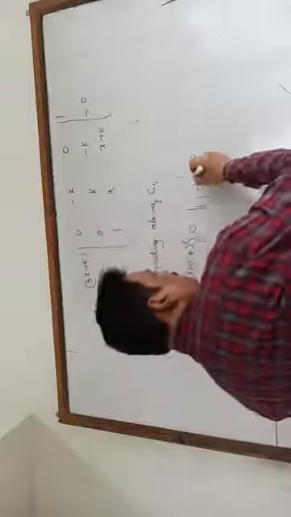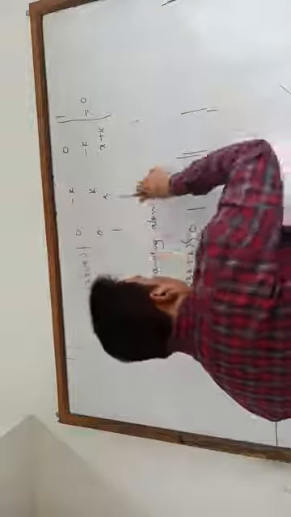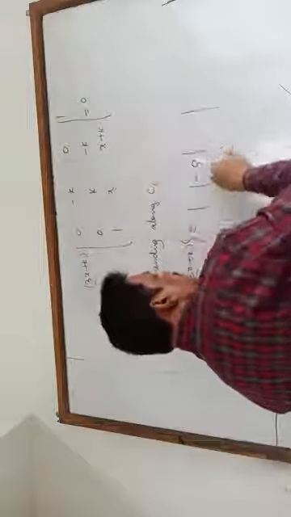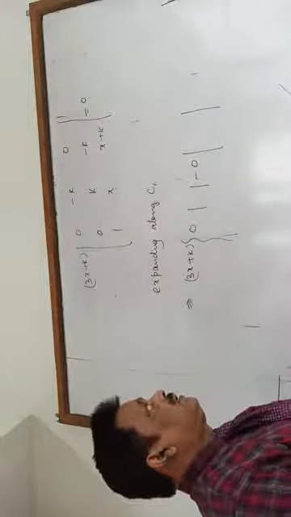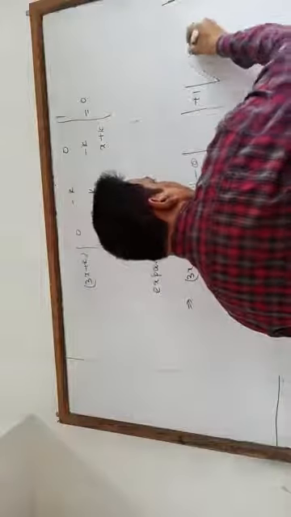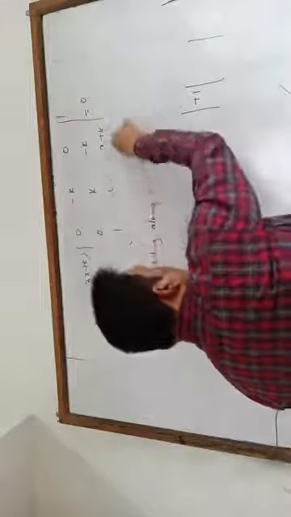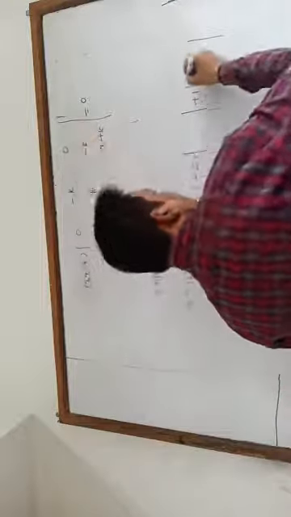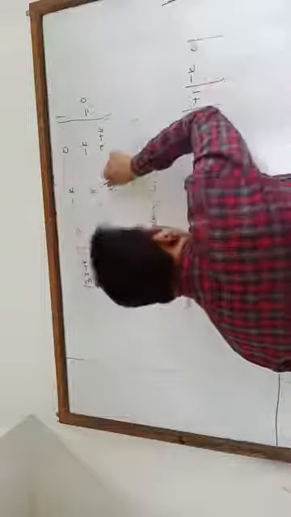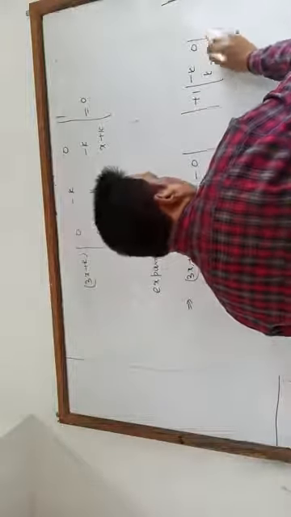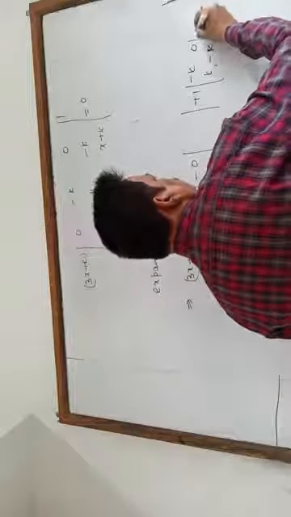Again minus 0 means 0, no need to write. Then plus 1 into its minor: minus k times 0 minus k times k, equals to 0.